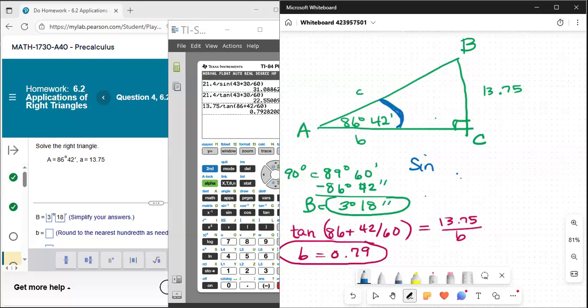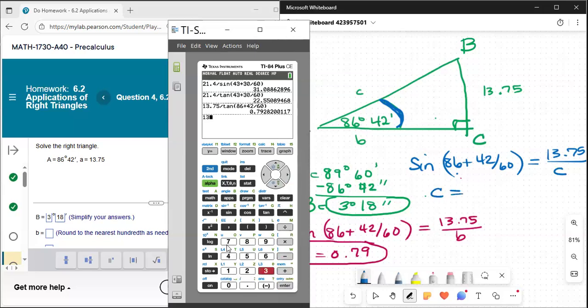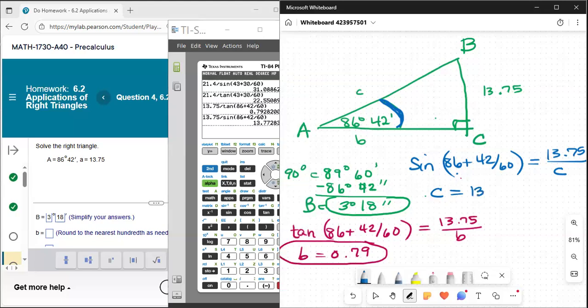So the sine of 86 plus 42 over 60 is equal to the opposite, which is 13.75 over hypotenuse, which is c. So c is 13.75 divided by the sine of 86 plus 42 over 60. And we have 13.77 if we're rounding to the nearest hundredth.